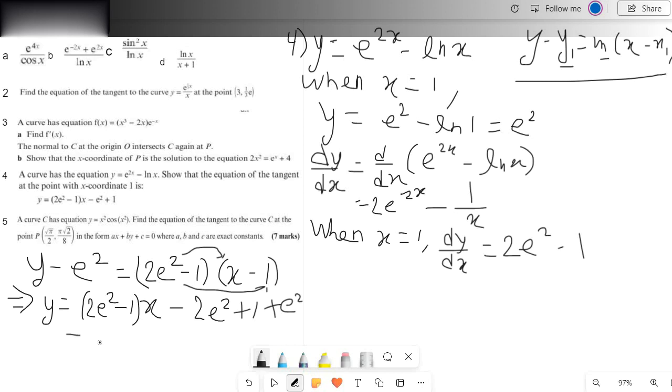And so simplifying, we get 2e squared minus 1 multiplied with x minus e squared plus 1, and this is our required answer.